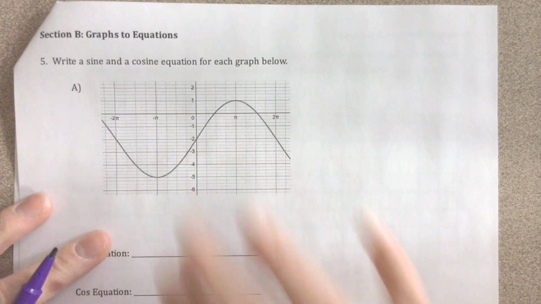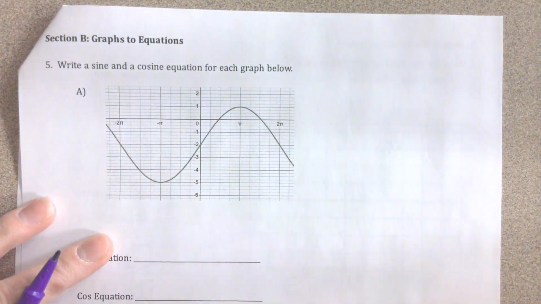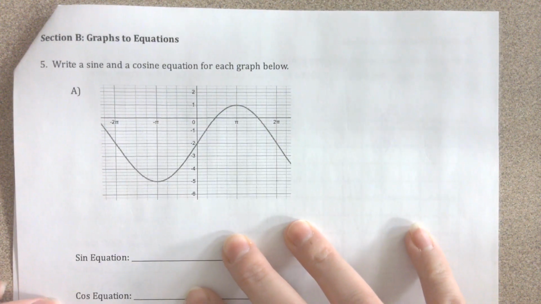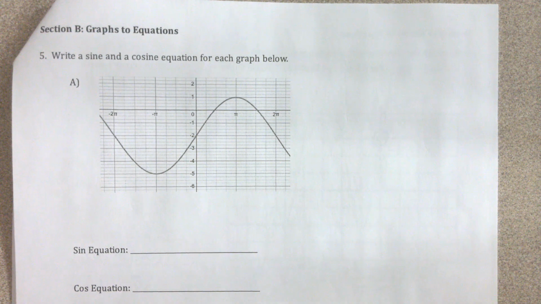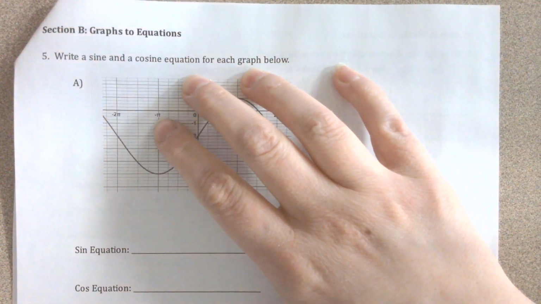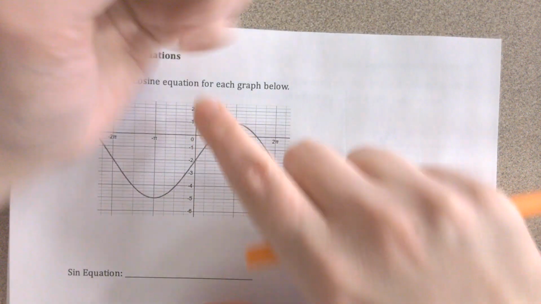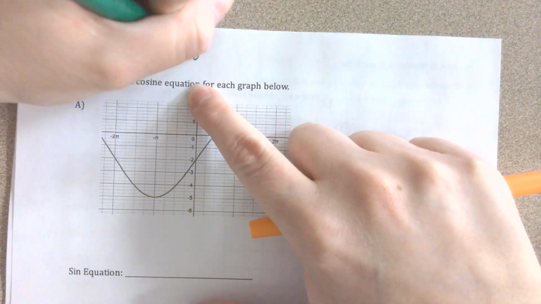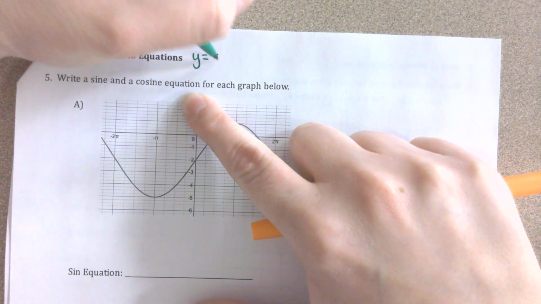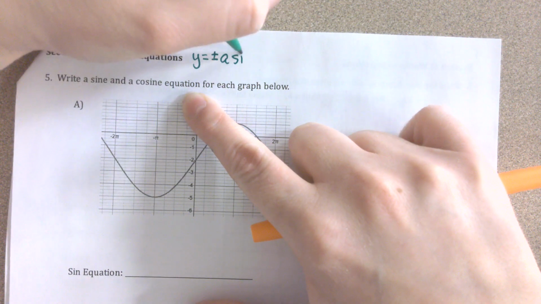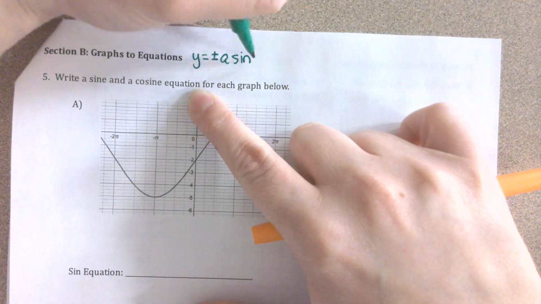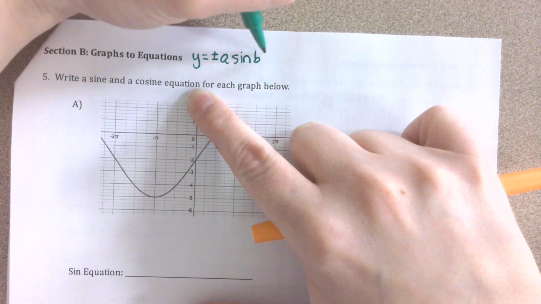I'm going to write the basic general equation at the top that we're going to use to make our sine and cosine equations. These are slightly different from the equations I just used in the past 4 problems. So I'm going to write them out. So for sine, we have y equals plus or minus a sine of b is on the outside of the parentheses.